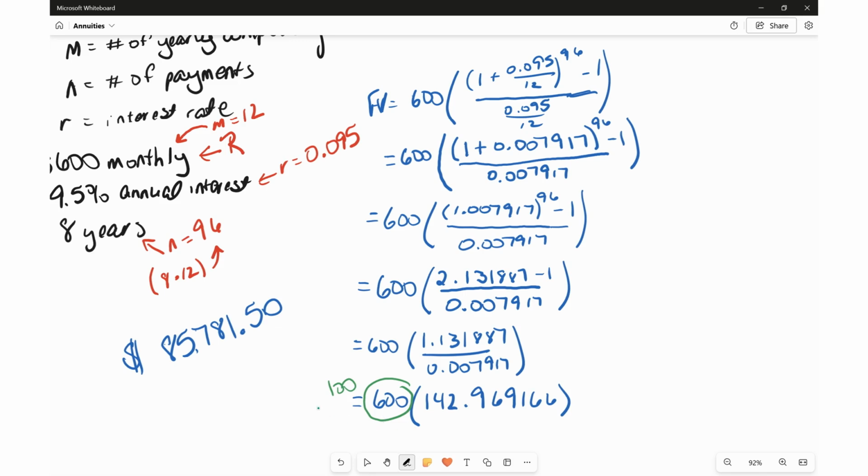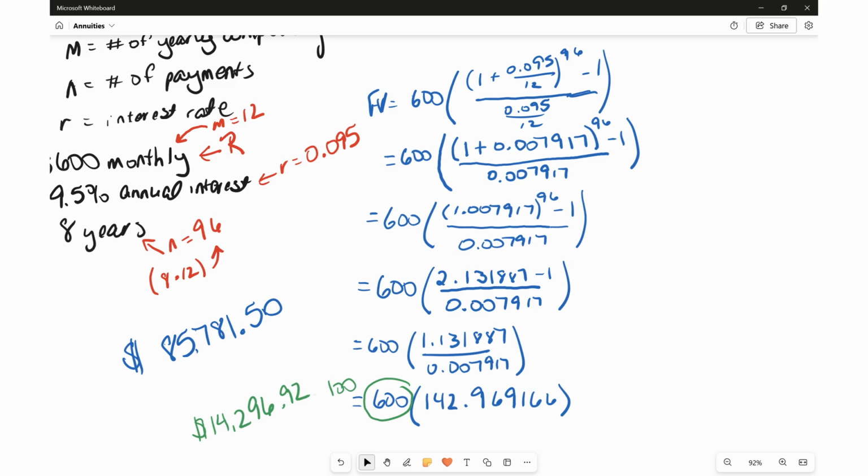At $100 payments, that gives you $14,296.92. So you can play around with annuities, and $14,000 is a great chunk of change for only saving $100 a month.